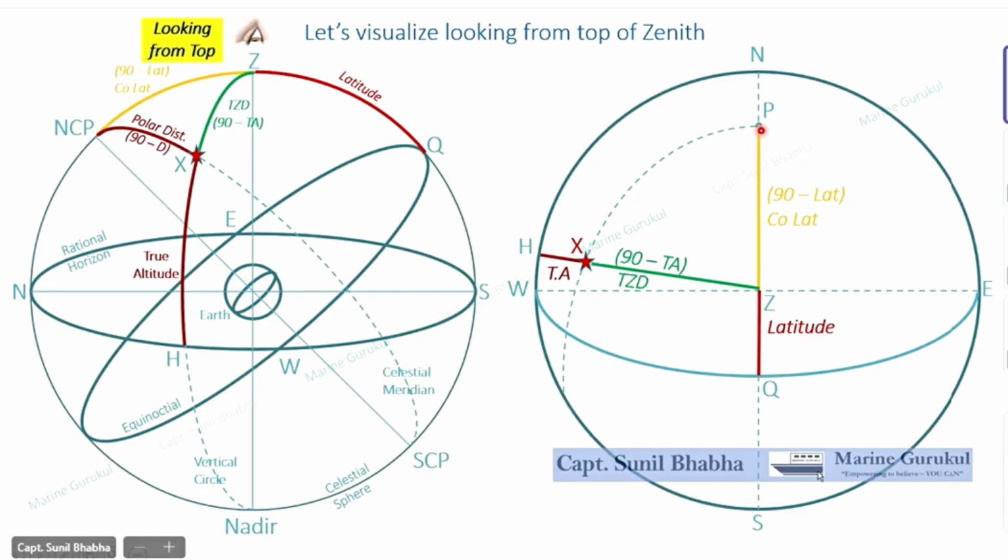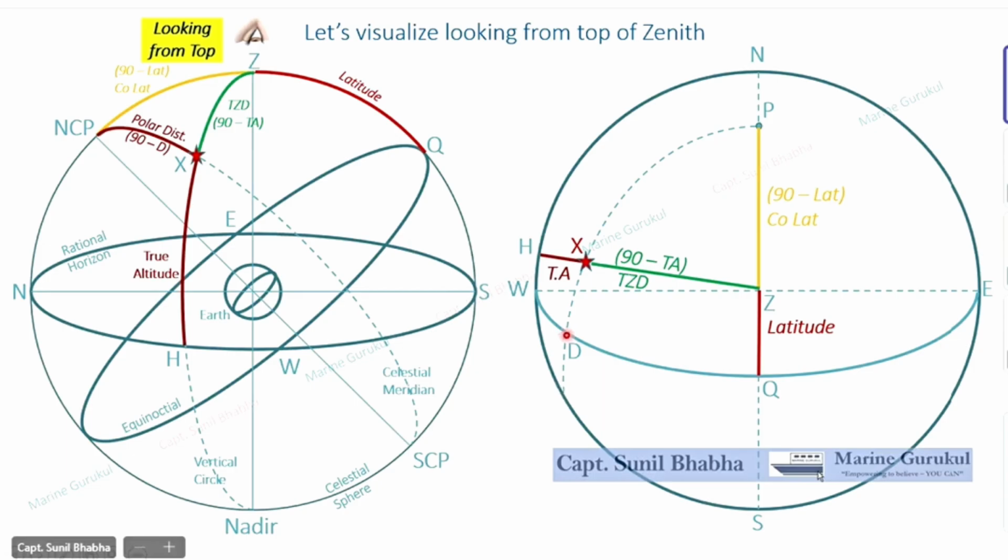You see, passing from the pole, going further up to point X, and eventually going up to the rational horizon. This represents the celestial meridian of the body.